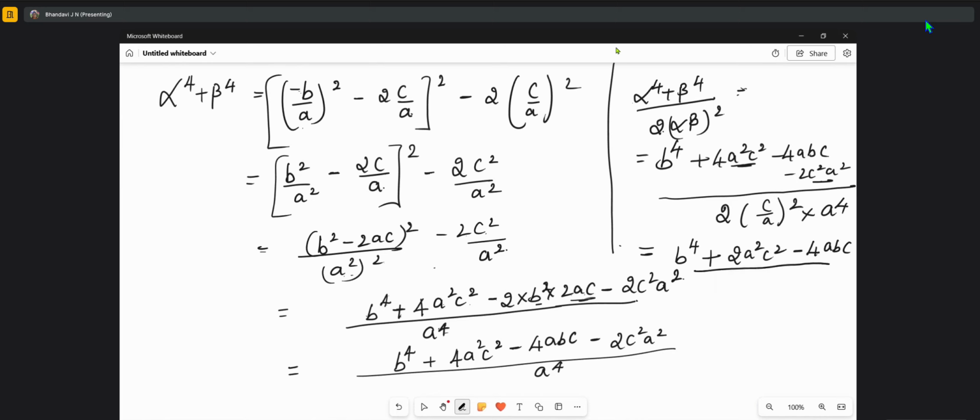This whole thing by 2c square by a square into a to the power of 4. You will get the final answer as b to the power of 4 plus 2a square c square minus 4abc divided by 2c square a square. Okay.